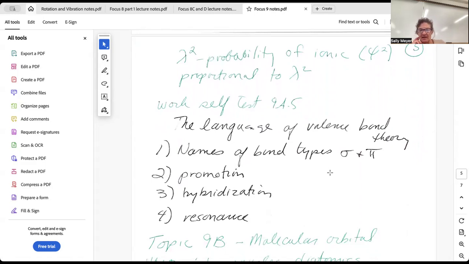And then we'll just wrap it up with some of the most important aspects of valence bond theory. So we get the names and types of bonds being sigma and pi. You get the idea of promotion and hybridization to correct the fact that you often don't get the right geometry or the number of bonds. And then this idea of resonance.